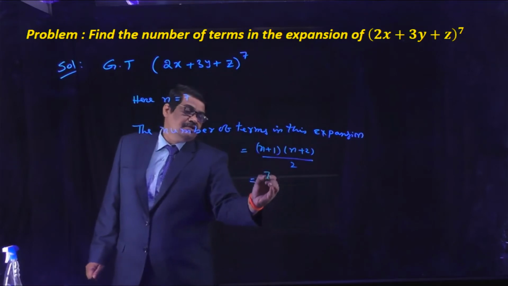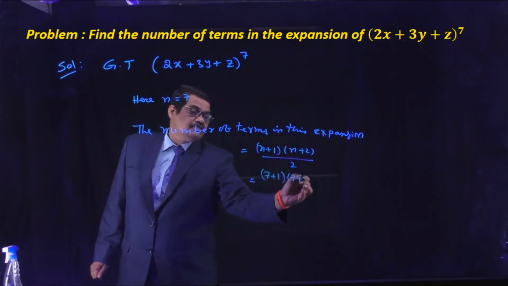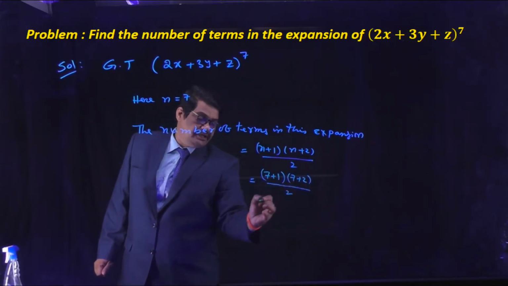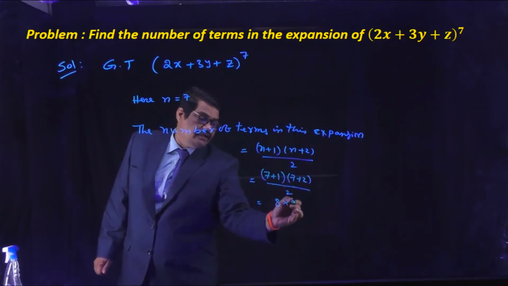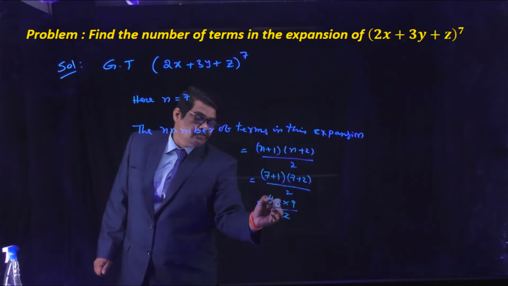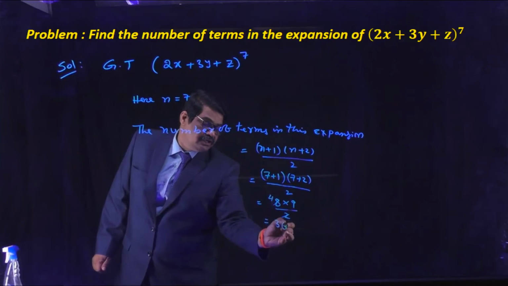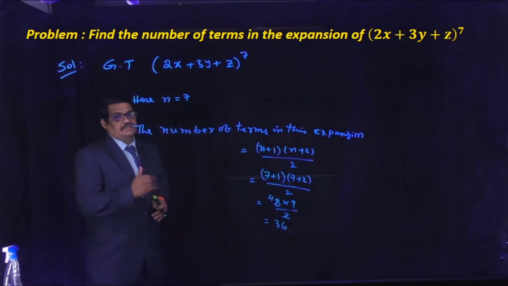That is 8 into 9 by 2. 2 4s are 8, and 4 9s are 36. The number of terms in this expansion is 36.